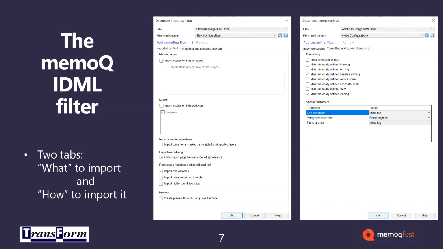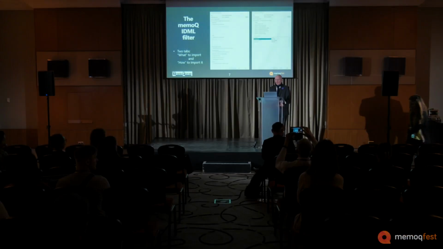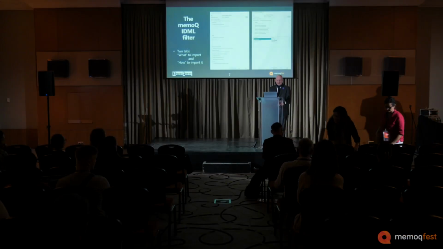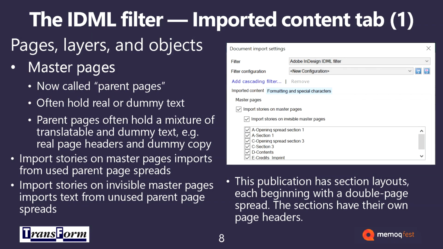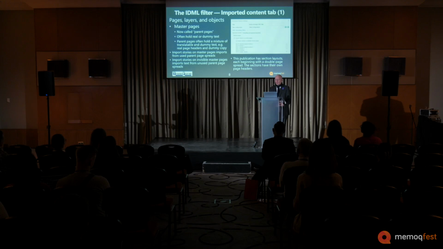The filter has 2 tabs, one controlling the imported content, what gets imported, and the other one controlling the formatting and special characters, how it gets imported. The first tab, the imported content tab, is the what. The first part of the tab controls the import of parent pages.